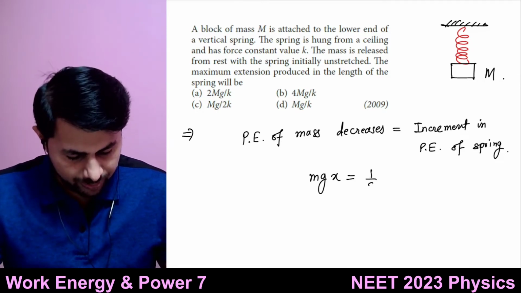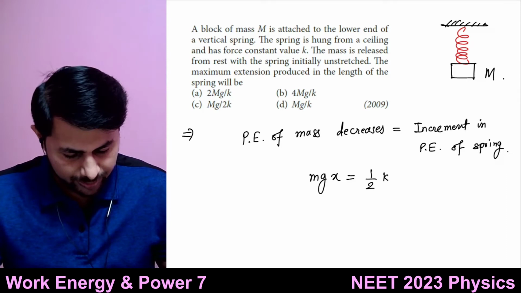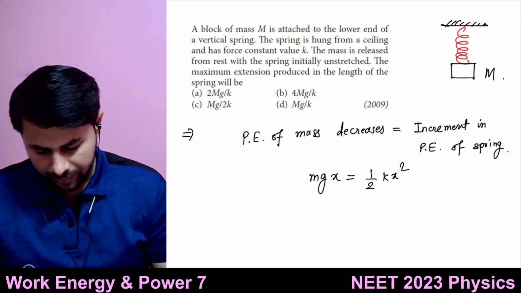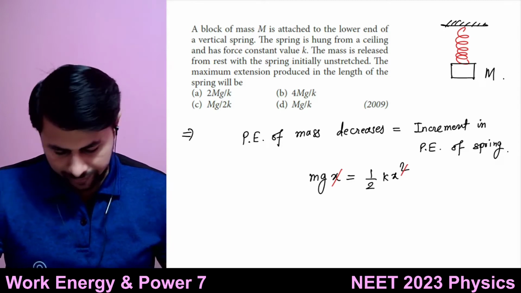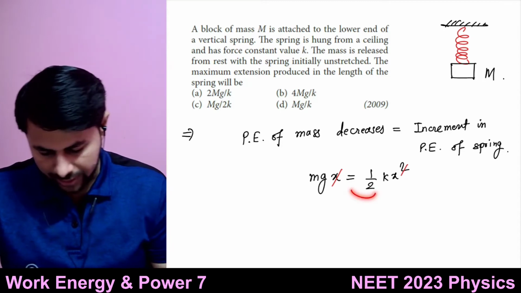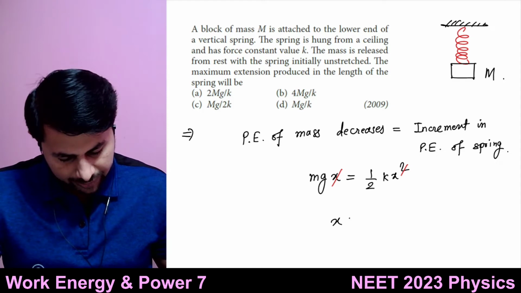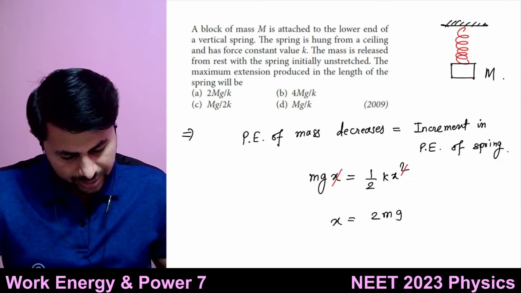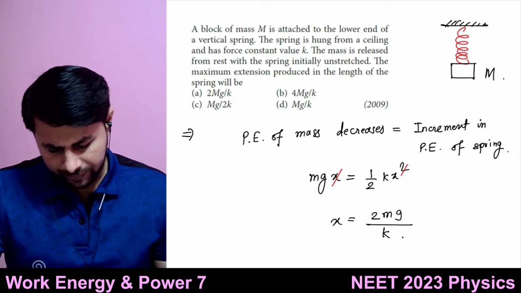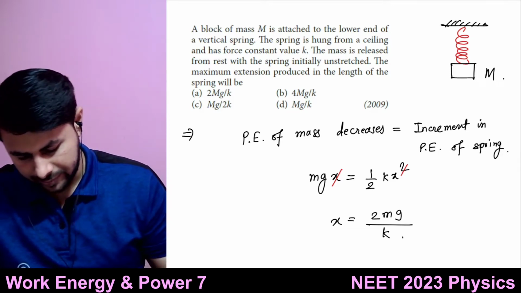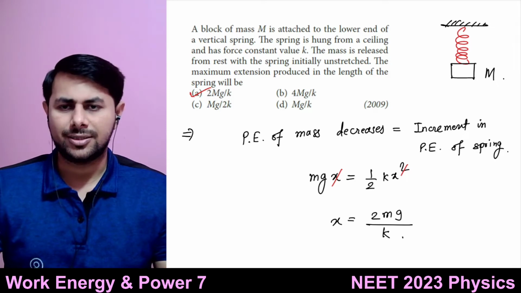Increment in potential energy of spring is half of k times x square. So x and x get cancelled out. Then you take that 2k on the other side, so you get x equals 2 times mg divided by k. This is the answer. Which option? Option A.